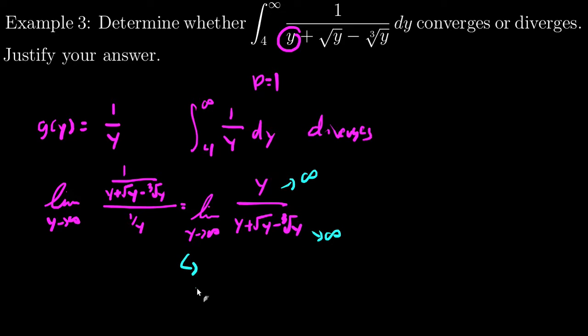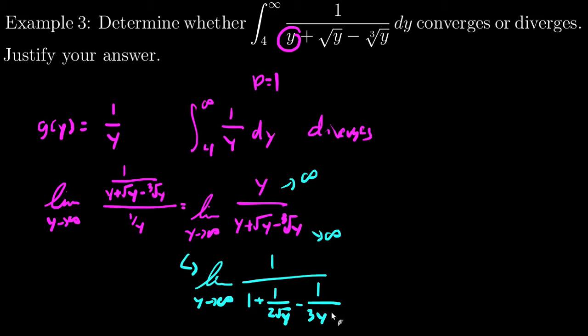I'll get that this will equal the limit as y approaches infinity of 1 over 1 plus the derivative of root y, which is 1 divided by 2 root y, minus the derivative of the cube root of y, which is 1 over 3 y to the 2/3. And here, the numerator is, of course, 1.